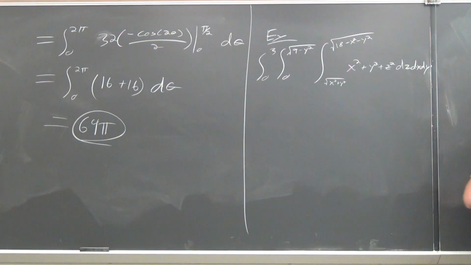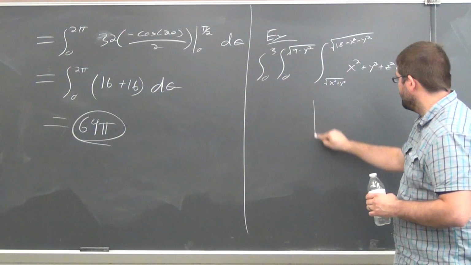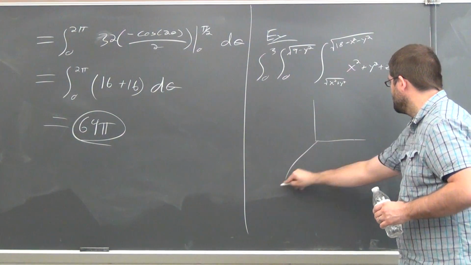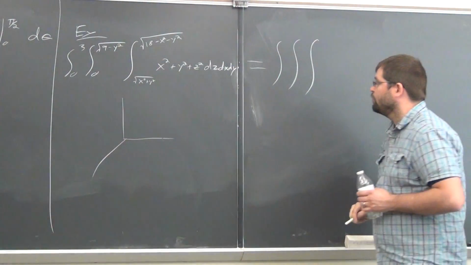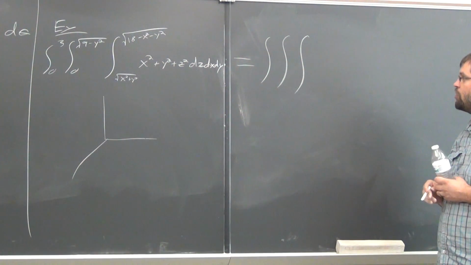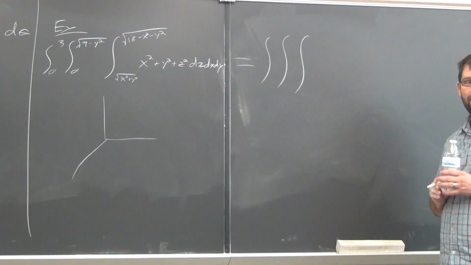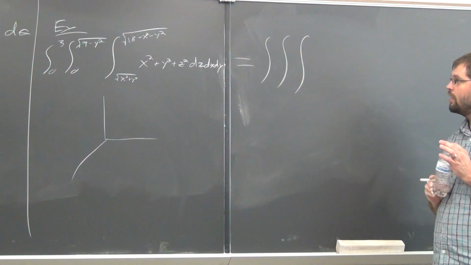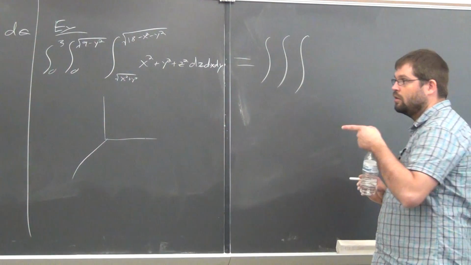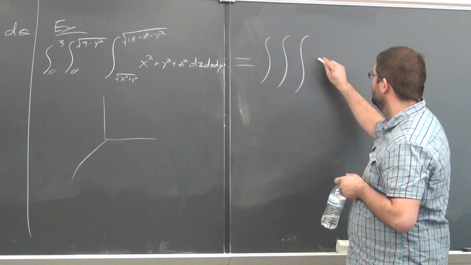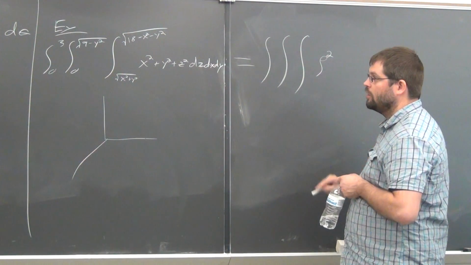And so I think what I'll do is we'll draw the region down below here, and then over here we'll make our switch. And so before we even worry about the region and changing the bounds, what is the function going to be replaced with? X squared plus y squared plus z squared with rho squared. Yeah, the rho squared.